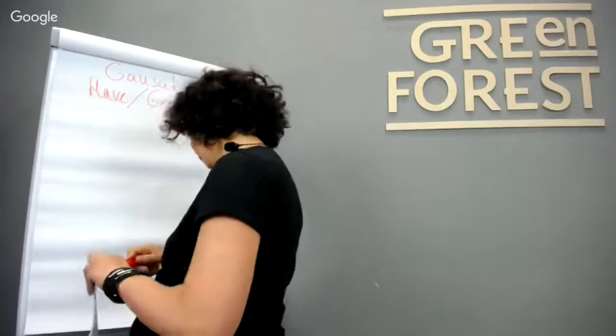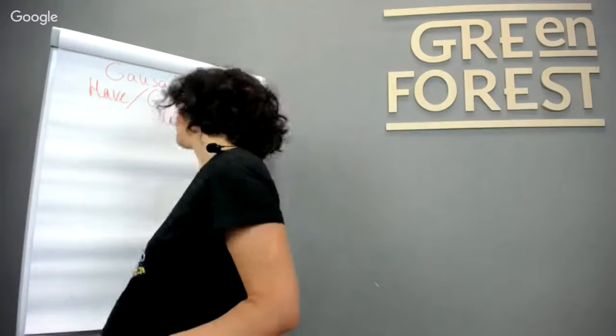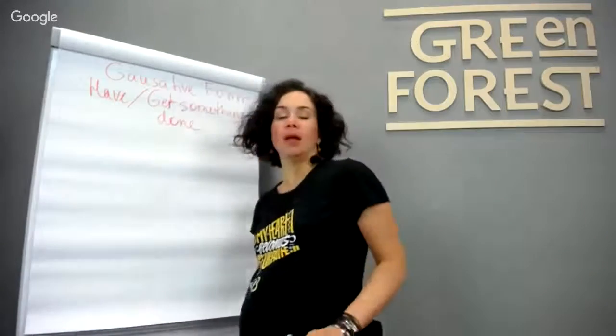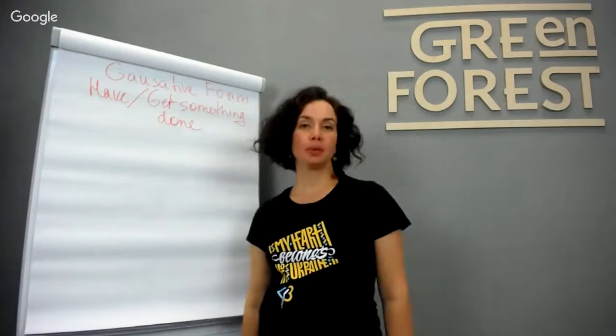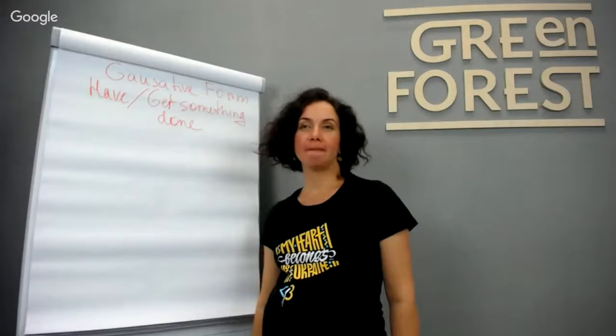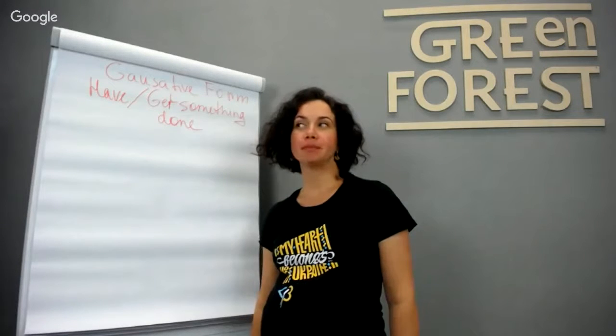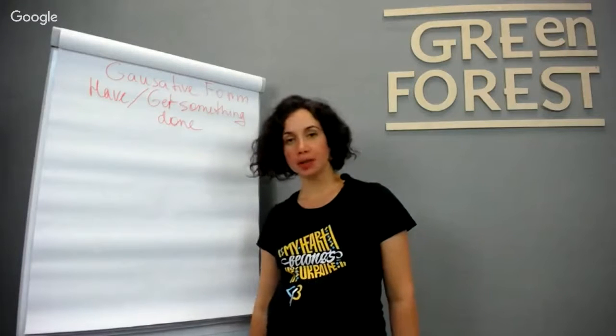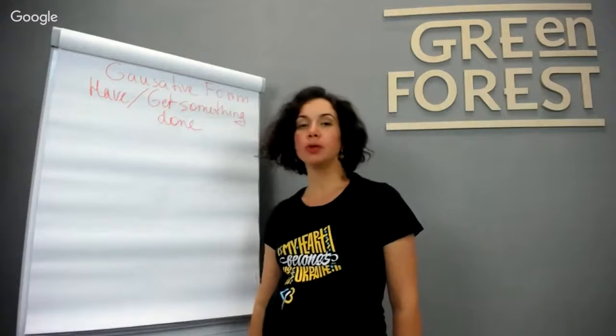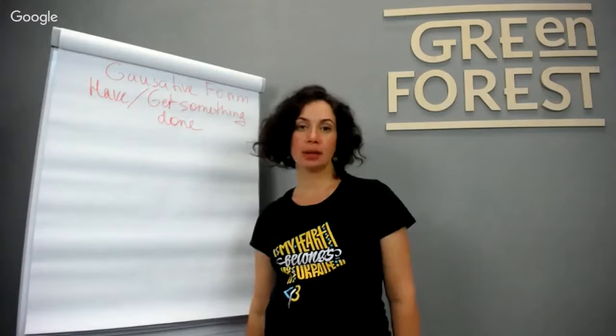That's why I'm writing you two different ways. This construction, have or get something done, causative form, we use when we want to express that we hired a professional to do a job for us, or something bad, something unfortunate happened to us. We will focus on usage of this construction a little bit later.